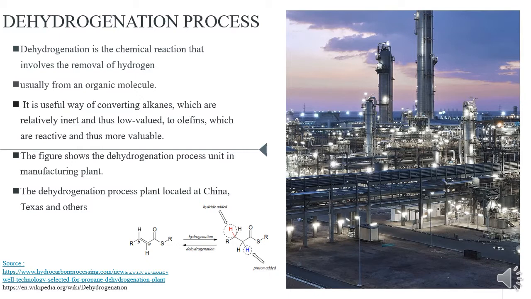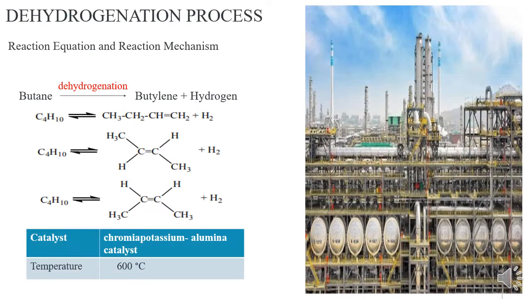So this is the general mechanism for the dehydrogenation and hydrogenation process. For the dehydrogenation, H2 is eliminated from an alkane to form an alkene. Next, this is the production of butylene from butane by using the dehydrogenation process.